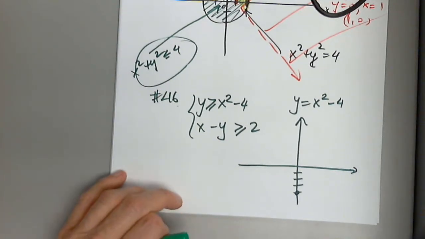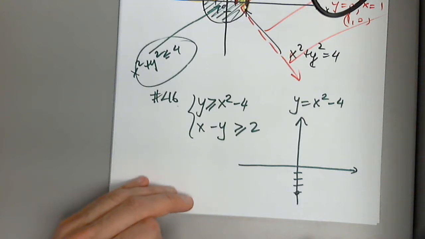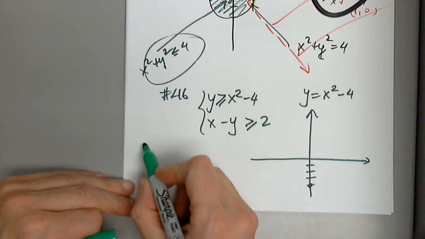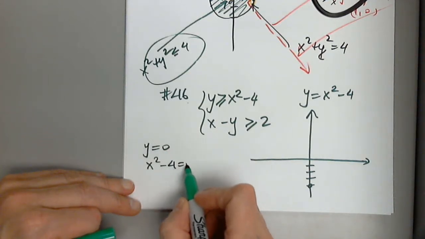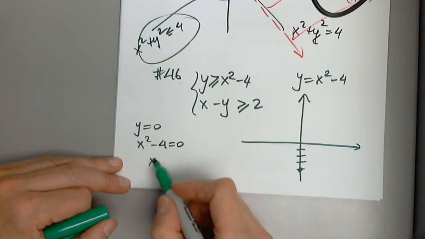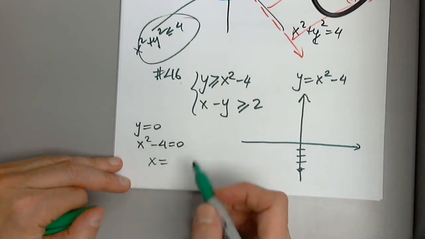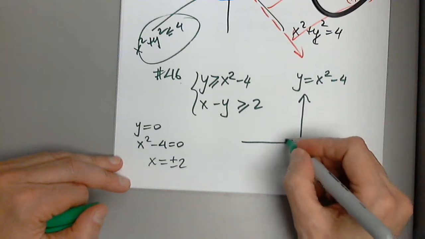At, of course, 0, -4, but where will it cross the x-axis? So I have to set y equal to 0, which means x squared minus 4 equals 0. How many solutions? 2. Exactly. x equals, when we move 4 and take the square root, 2 and -2. Very good.